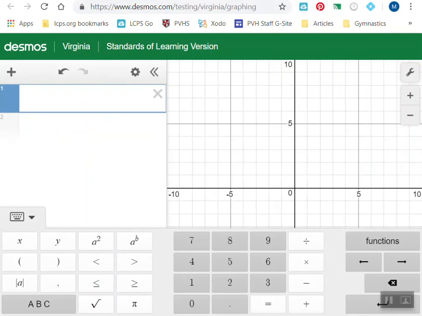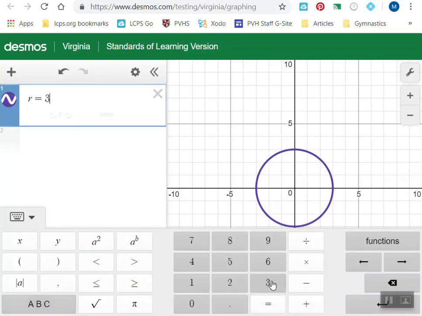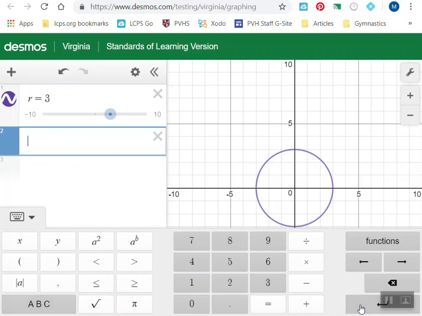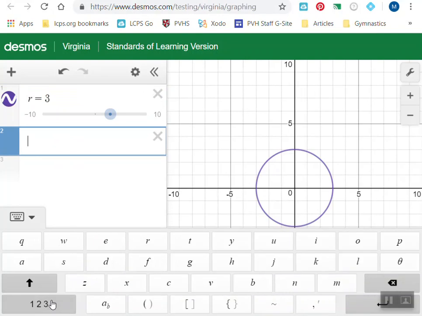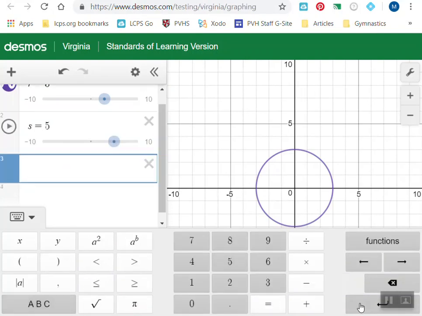In Desmos, we are going to start by saying that r equals 3 and s equals 5. Then we are going to type in our expression that we were given in the problem.